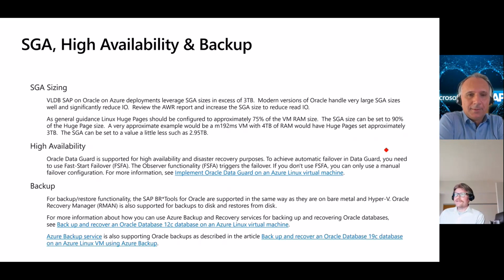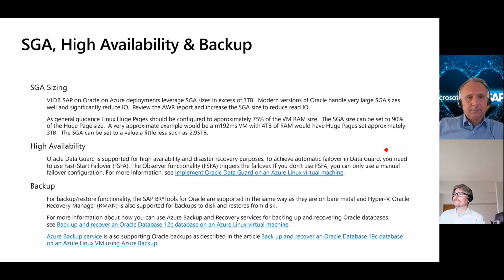SGA sizing, as mentioned, your AWR report is going to tell you what to do there. But we have multiple customers that run just great using a simple rule of thumb. Huge pages. If you try this without using huge pages, I think the whole system will collapse and melt down.